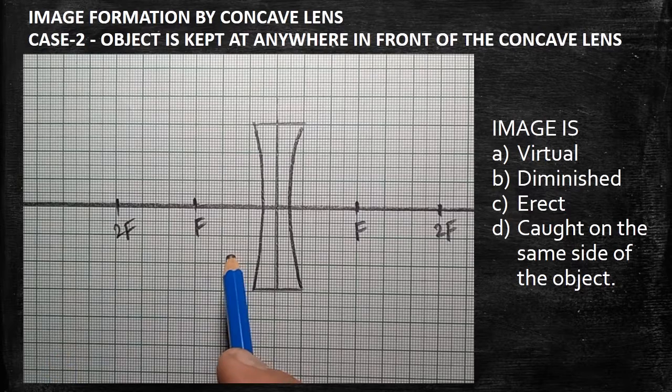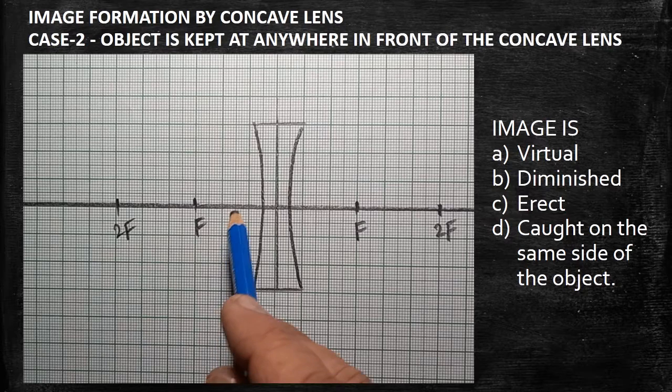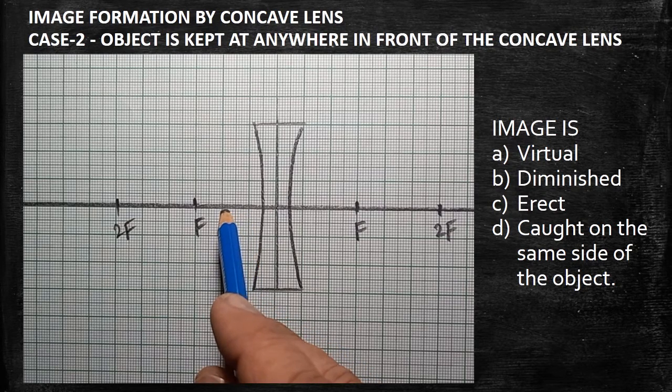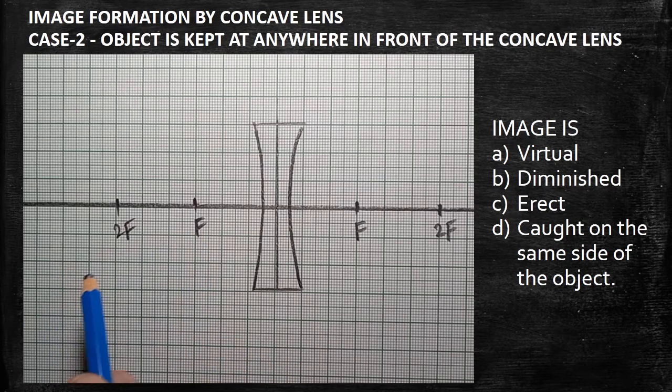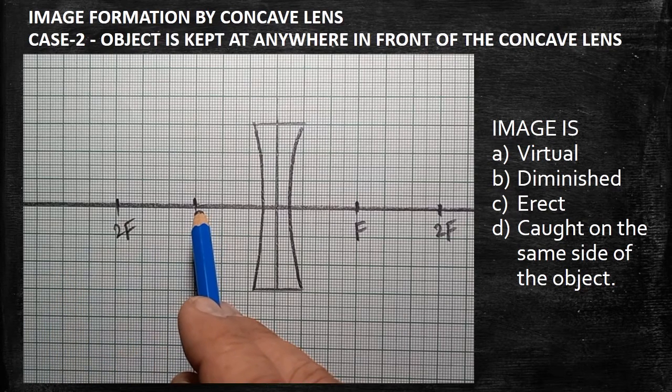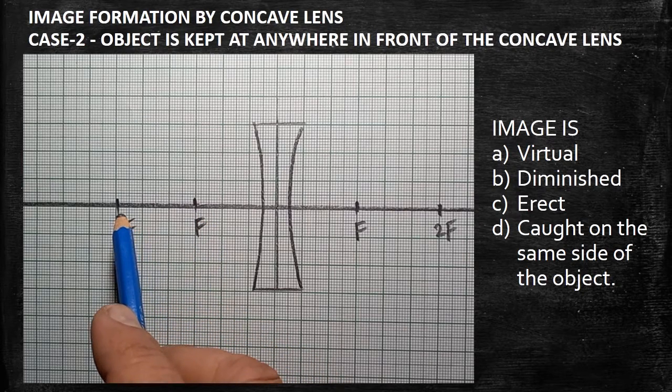Now we are going to draw the ray diagram for the last case in the case of concave lens. If the object is placed anywhere in front of the lens, you will be getting the same kind of image. It can be kept at F, or in between F and 2F, or at 2F, or beyond 2F.